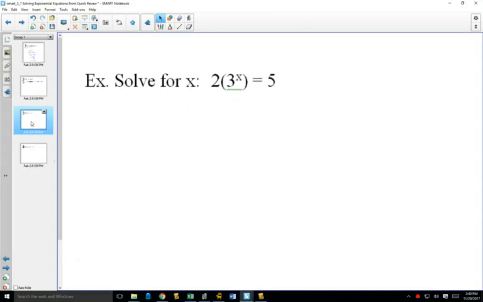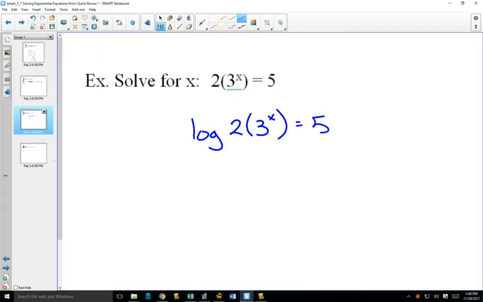So our second example from there was this one. Again, x is in the exponent. Doing a quick look, we can't get the bases the same. So if you can't get the bases the same, you're going to take the log of both sides. Now you're going to be tempted here to bring the x out in front.